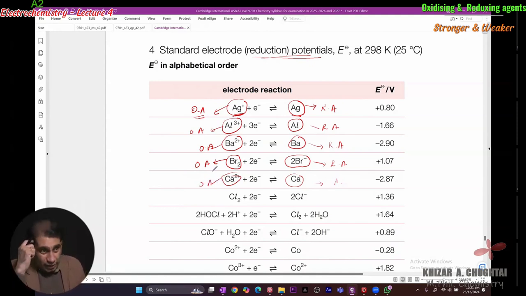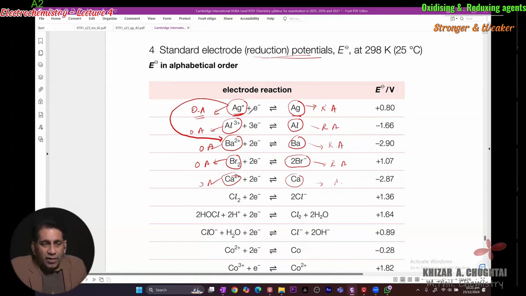Now the next question: for example, I'm going to compare silver ion and barium ion. They are both oxidizing agents, so which positive ion is a strong oxidizing agent?